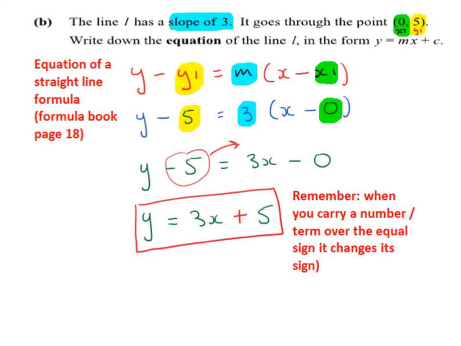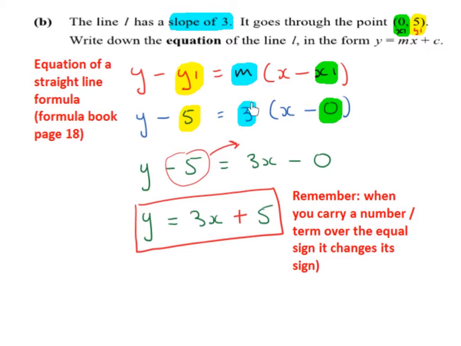So the y stays as it is, the minus stays as it is, the y1 was swapped for 5, the equals stays as it is, the m was swapped for 3, slope of 3, the bracket and the x stay as it is, the minus stays as it is, and the x1 we swapped for 0, and then we still have the bracket at the end. So y minus 5 equals 3 times x minus 0.